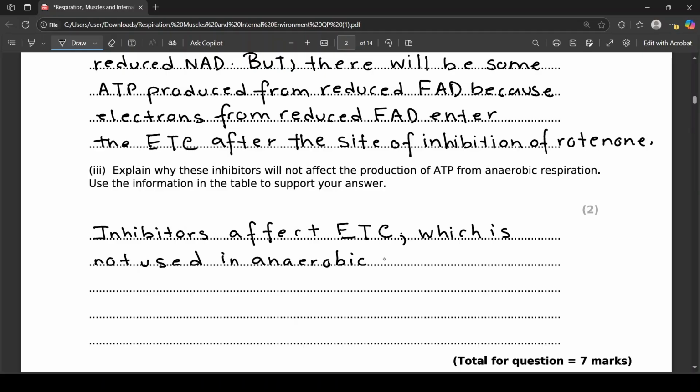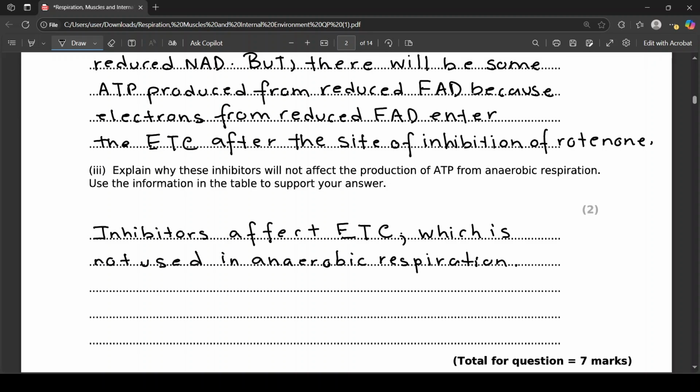There is no ETC in anaerobic respiration. This is the first point. So the inhibitors have no place to inhibit the flow of electrons. Okay, so that's why it doesn't affect anaerobic respiration. You get 1 mark from this.